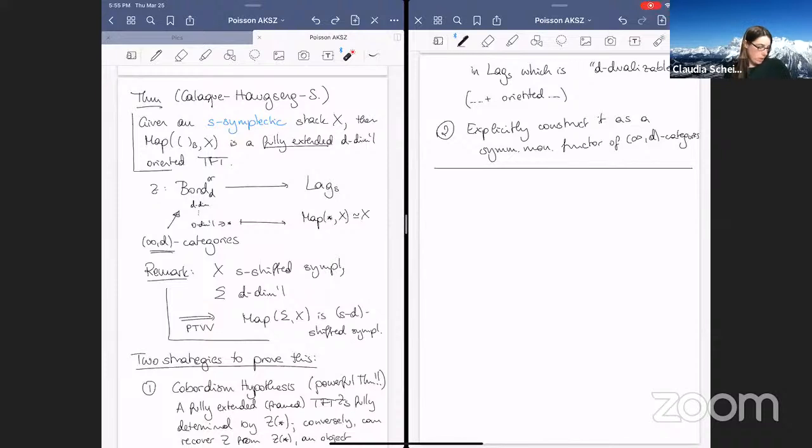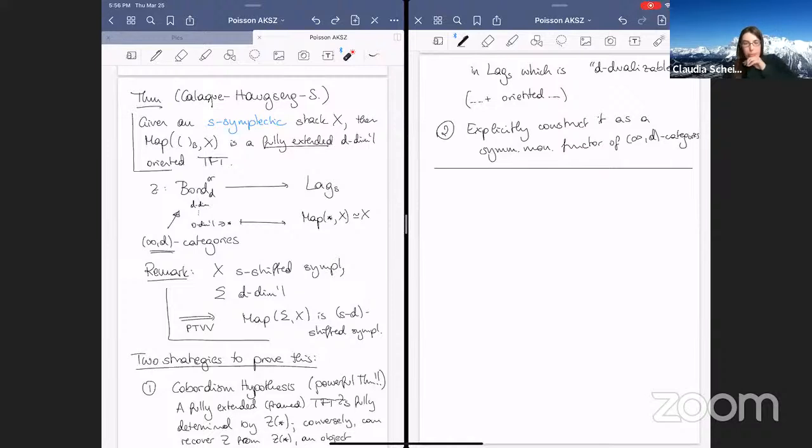All right, so maybe it's worth taking a minute to show you one example of an S-shifted symplectic form before we go into the details of why this theorem might not be straightforward once you unravel the definitions.